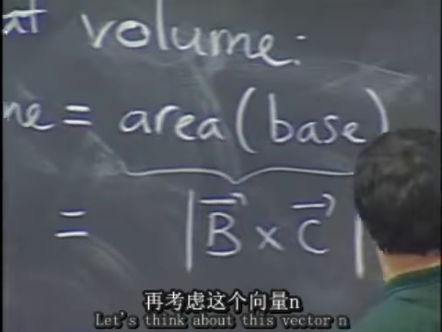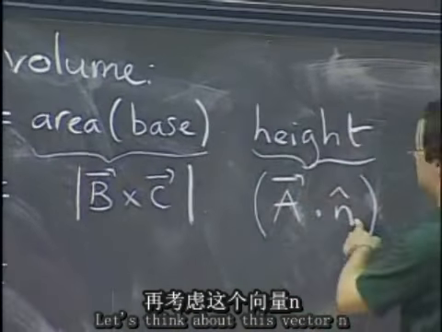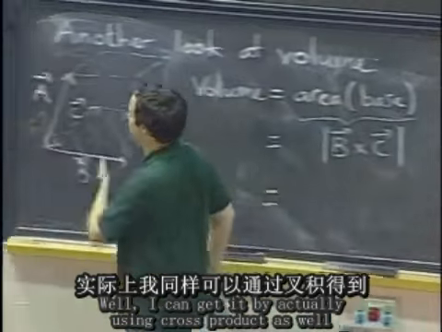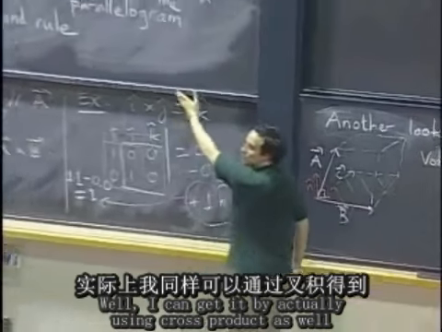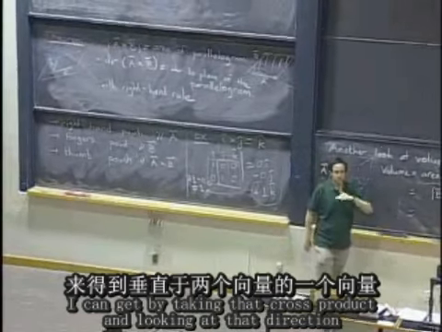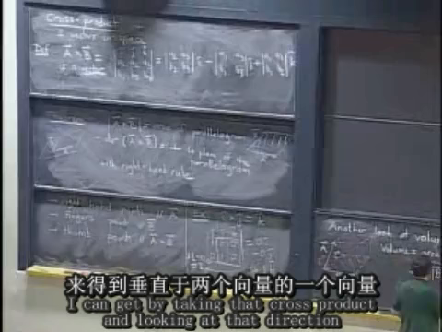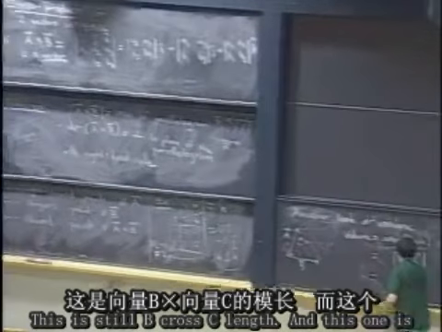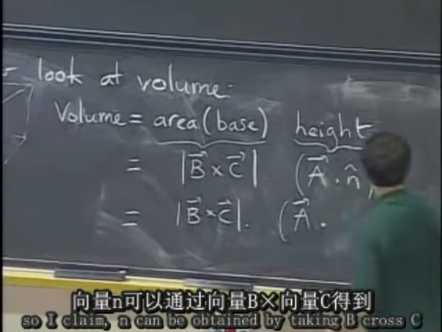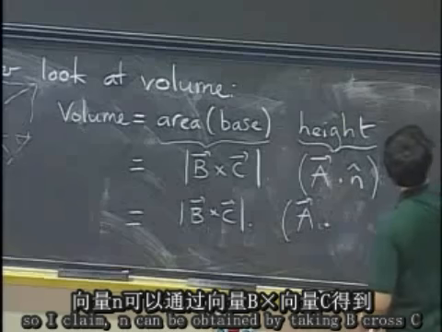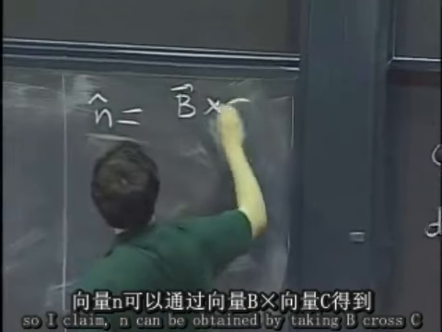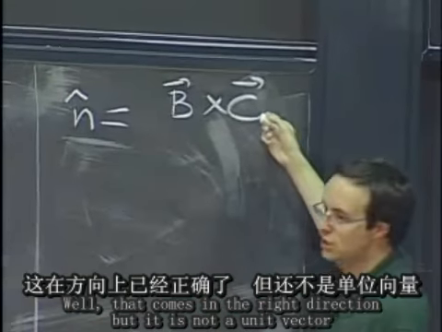So let's think about this vector n. How do I get it? Well, I can get it by actually using the cross product as well, because the direction perpendicular to 2 vectors I can get by taking the cross product. So this is still the length of B cross C. I should do an aside here: n can be obtained by taking B cross C. Well, that points in the right direction, but it's not a unit vector.